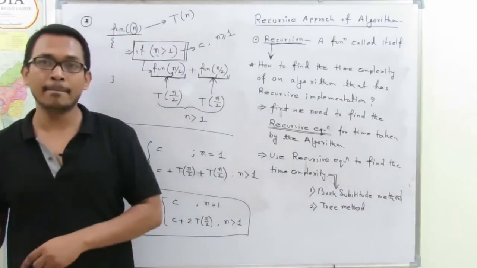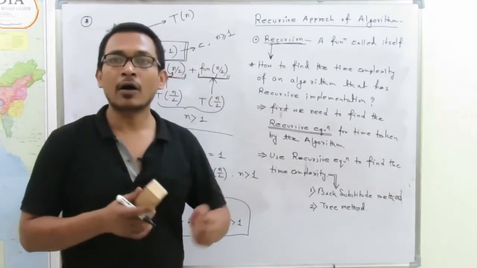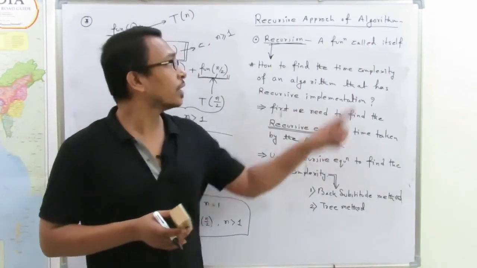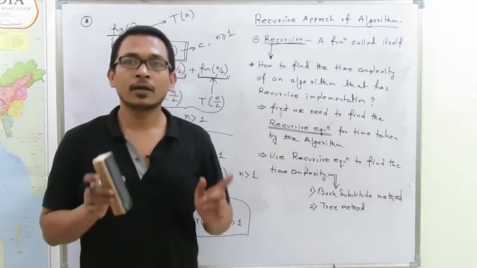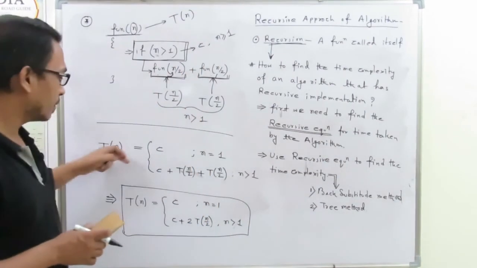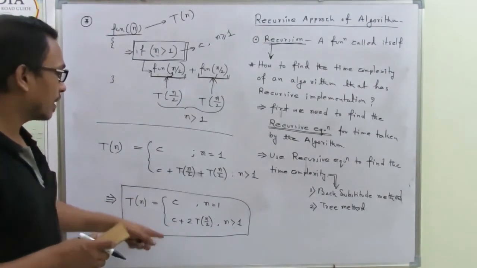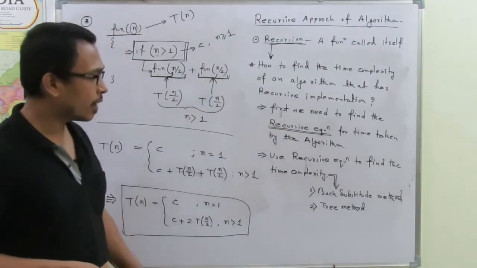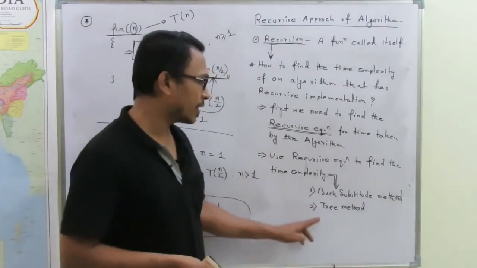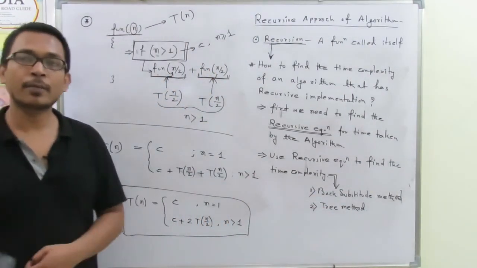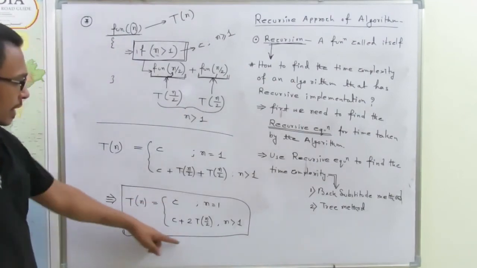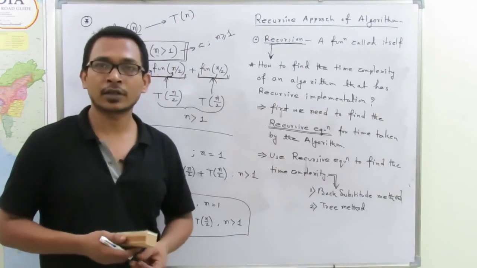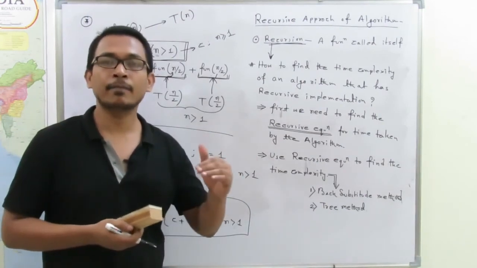That means how long it will take to execute any particular algorithm with a recursive approach. That thing is defined by using this particular recursive equation. So in the next class we will learn how we can use the back substitution method and the tree method to find the time complexity by using a given recursive equation or a given algorithm.